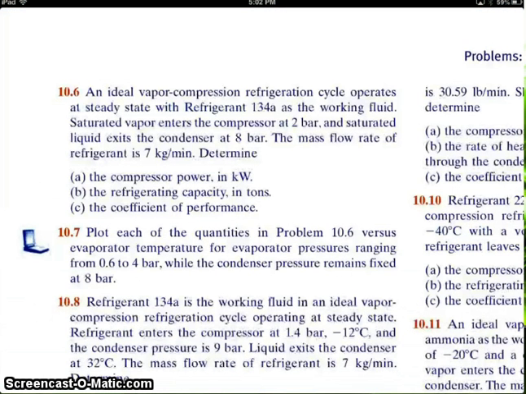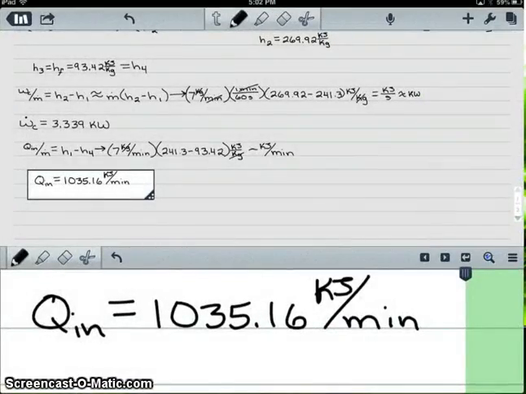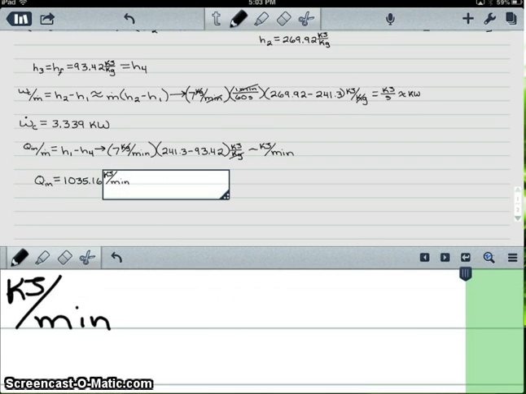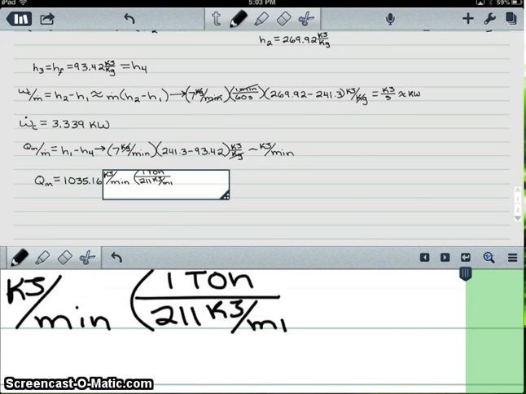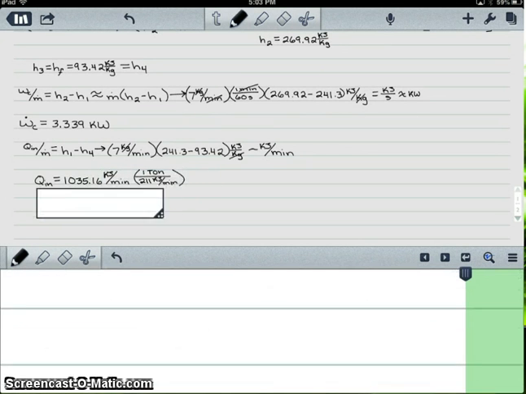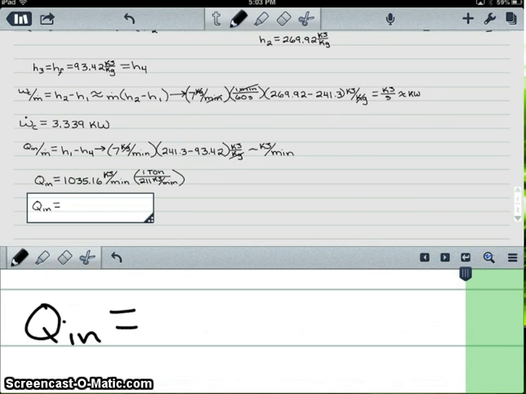So we're going to go back, and from the book you can see approximately 211 kilojoules per minute is equal to 1 ton. So we put 1 ton divided by 211 kilojoules per minute, and now our Q in is equal to 4.906 tons.